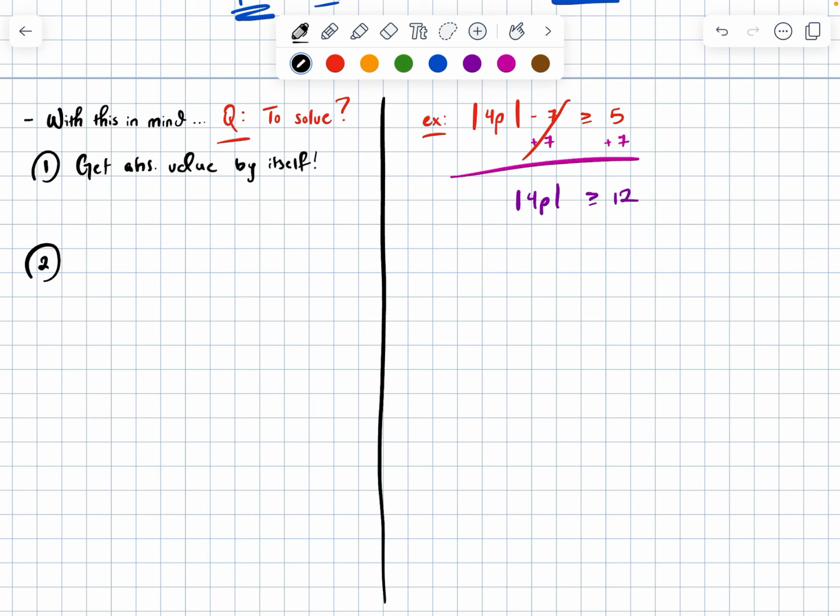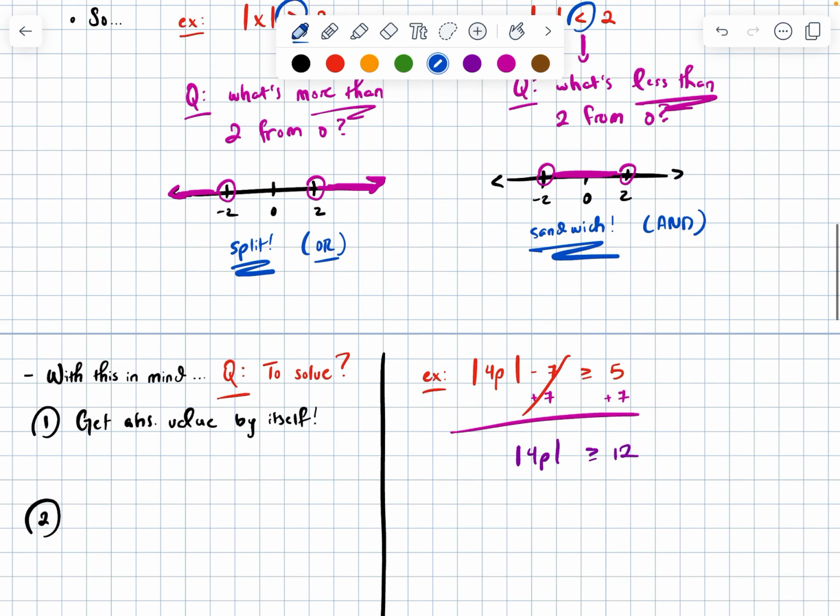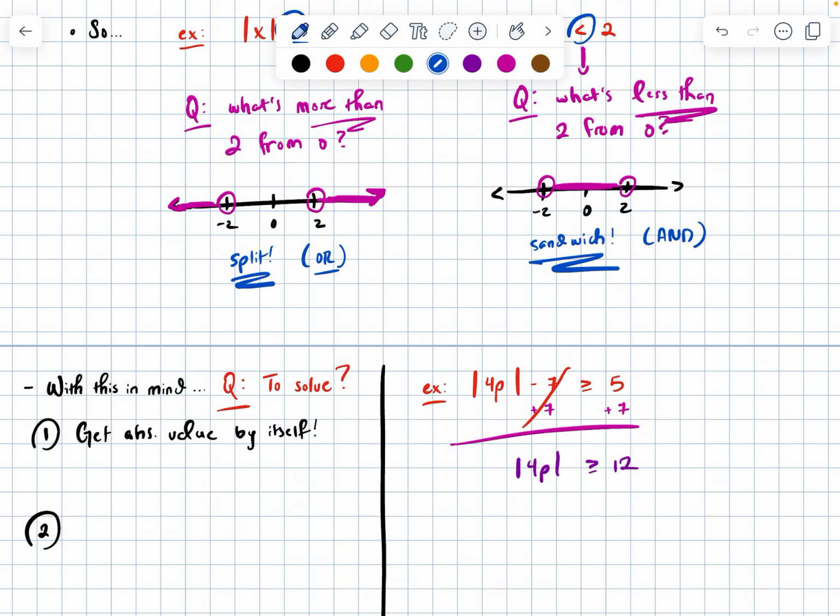Now that I'm here, the next thing that I want to do, in this case, I found a way to break down the absolute value. If we scroll up real quick, we'll see that we can get rid of an absolute value by turning it into a compound inequality. So it will give me either a split graph or a sandwich graph.